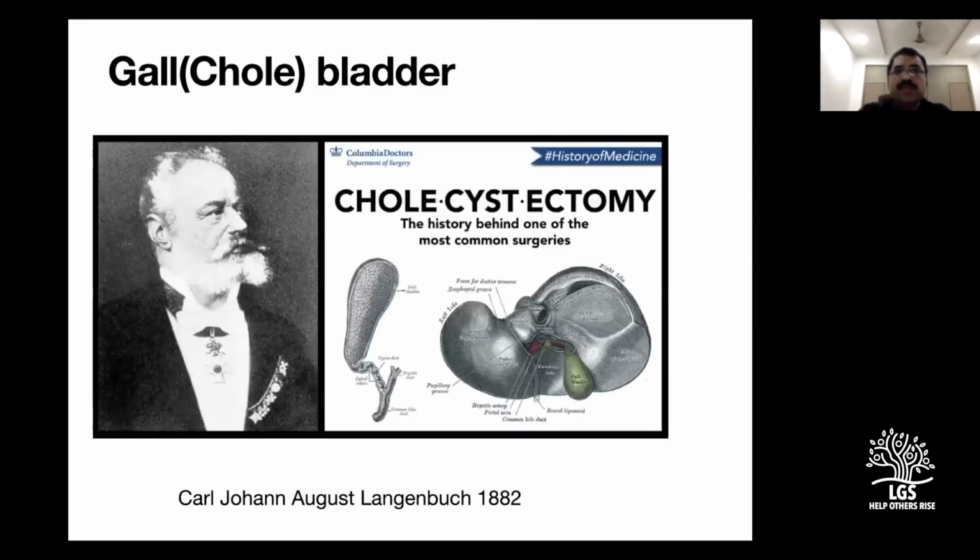Coming to the history of biliary surgery, this is Carl Johann August Langenbuch, who did the first cholecystectomy. We consider cholecystectomy a very simple operation, but it evolved through various complicated surgical procedures.